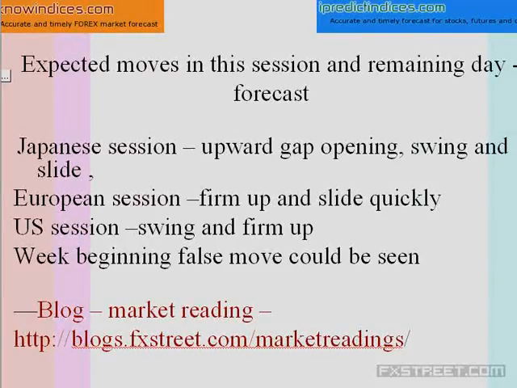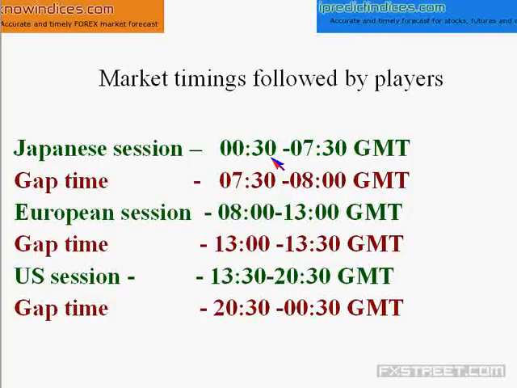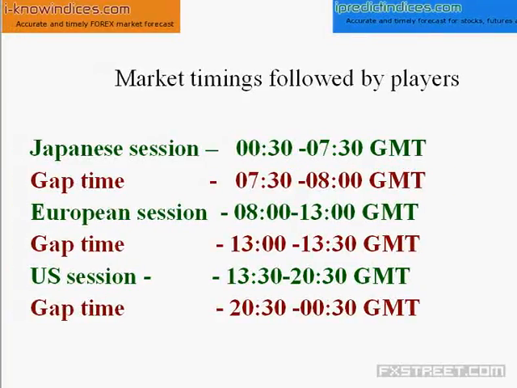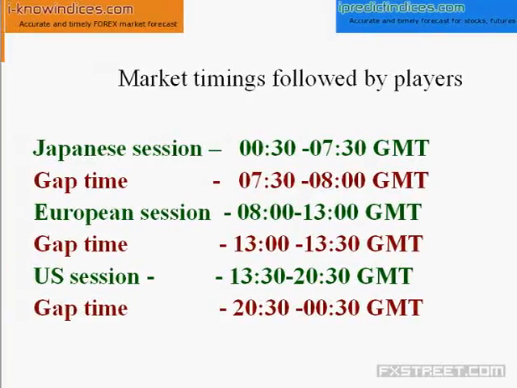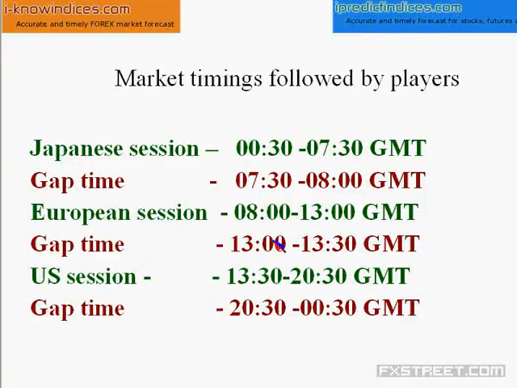Now from today onwards, there is going to be a change in the market timing. Namely, the Japanese session 00:30 to 7:30 GMT, that is as usual. Gap time is 7:30 to 8 GMT, no difference in that. But the European session is going to have a shorter time frame, 1 hour shorter. So 8:00 to 13:00 GMT is the European session.